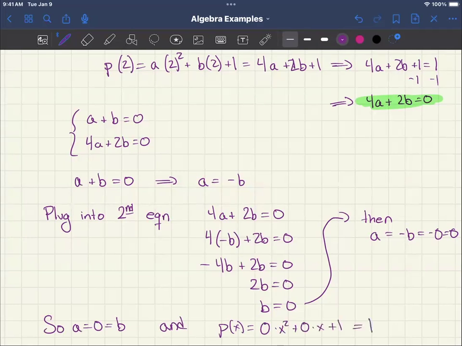In other words, our polynomial is just equal to the number 1. So it's not really even degree 2 or degree 1. It's just a constant, a degree 0 polynomial of the number 1.